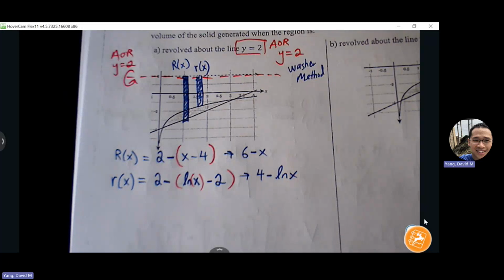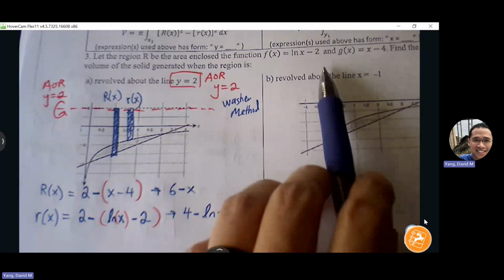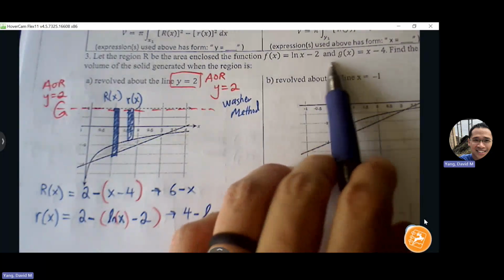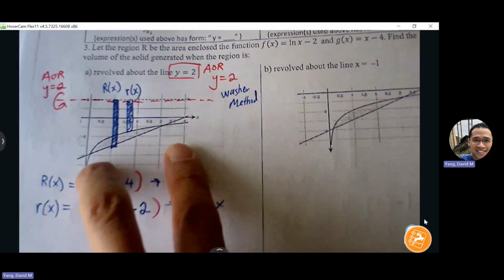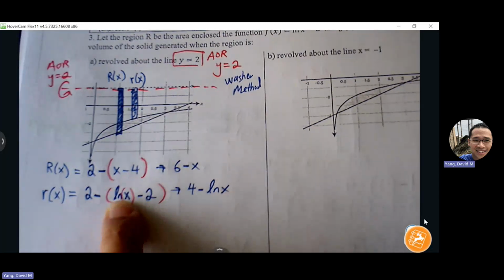To find the intersections for our bounds, this is not an easy situation to solve by hand. You got natural log of x, a constant, and x. It's hard to solve that by hand. We're going to go to our calculator. We'll make the calculator find those two intersections for us. So I'm going to go to y1 and y2. Now, when I'm entering y1 and y2, I'm not going to plug in big R and little r.